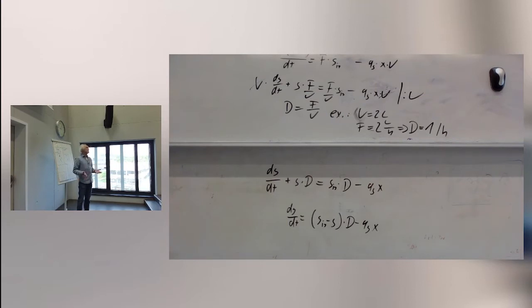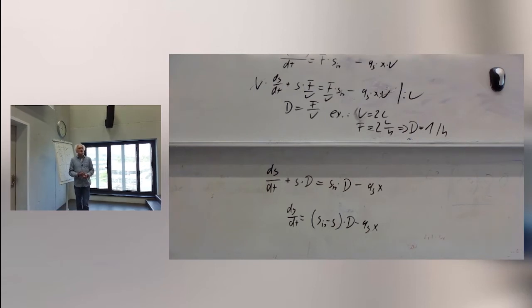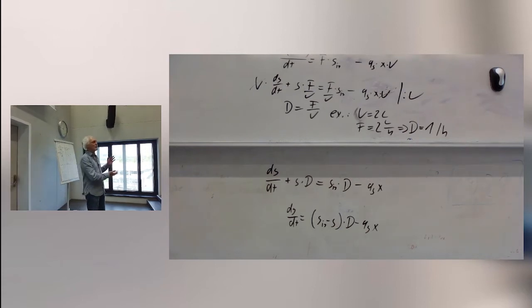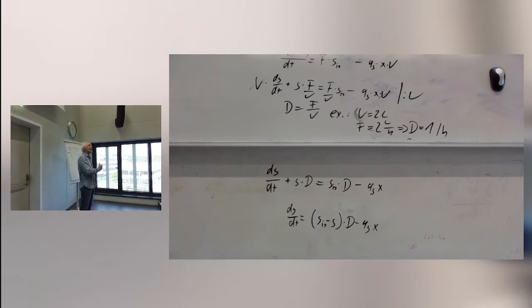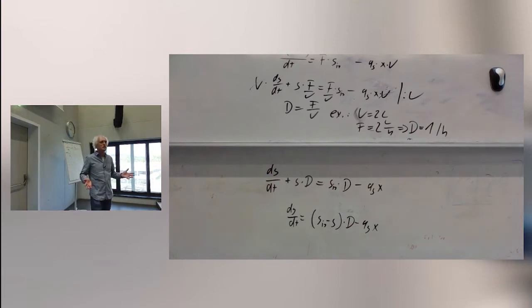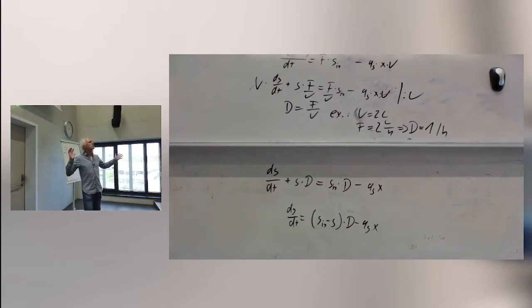The easiest thing is, of course, if you have a constant feed rate. So you always have the same feed rate, which of course means that at the beginning, when you have a low amount of cells, you might have a bit higher substrate concentration than at the end. But it's reasonable to say that it's small, and depending on what you do, it's rather constant.